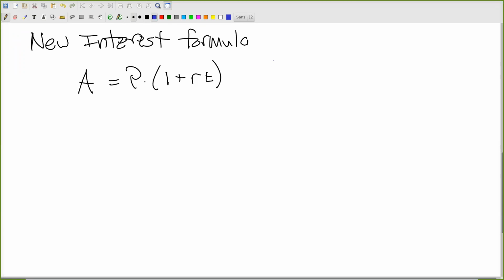This is going to be super important, and we're going to see this over and over again this week, and it's going to come up again and again for the rest of the term. A is some future amount. P is some principal amount, present amount, also known as principal.